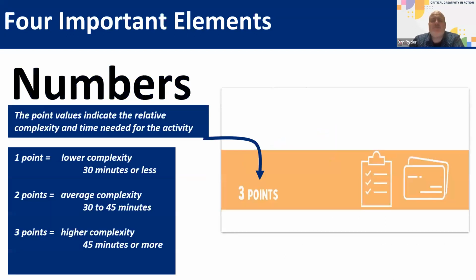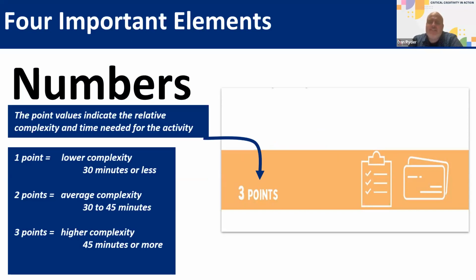And then the point values represent the amount of time needed for the activity on a scale from 1 to 3. 1 point activities are lower complexity, and they usually can be completed in 30 minutes or less. A 2 point activity is about average complexity, from 30 to 45 minutes, maybe as much as an hour.